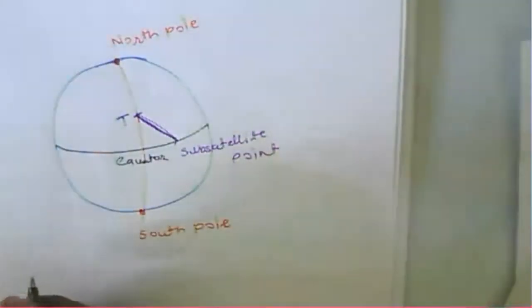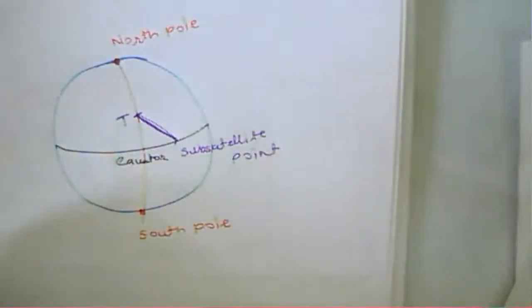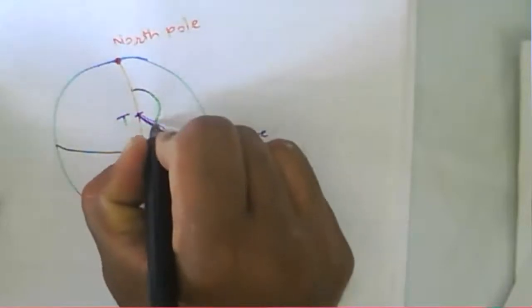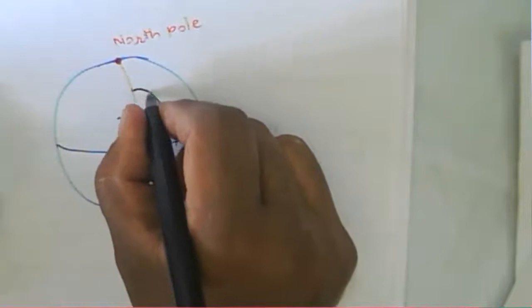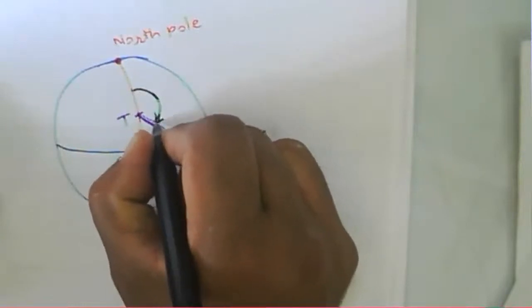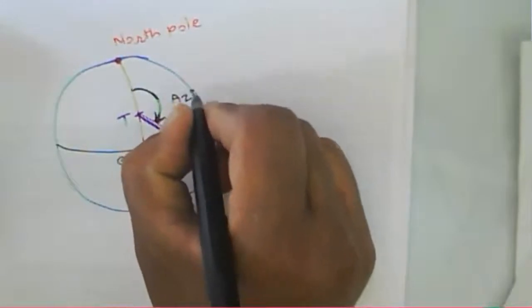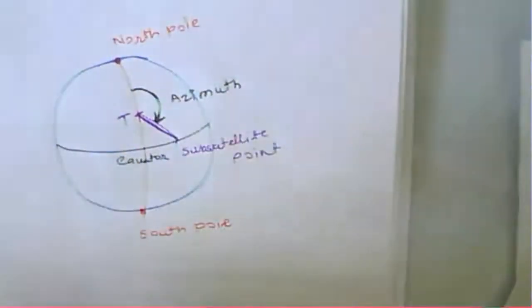And we can calculate the angle from the north pole toward the eastern direction, and that angle is called the azimuth angle.